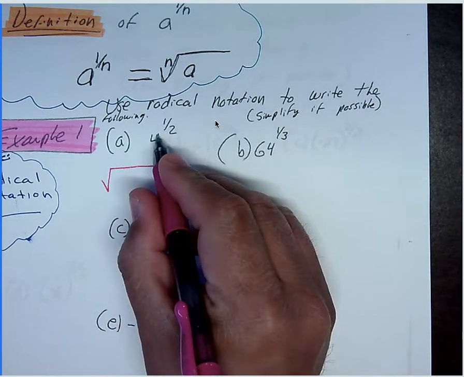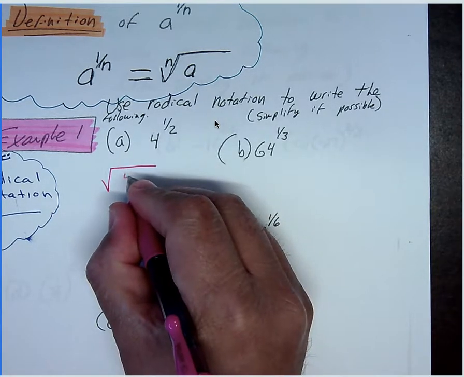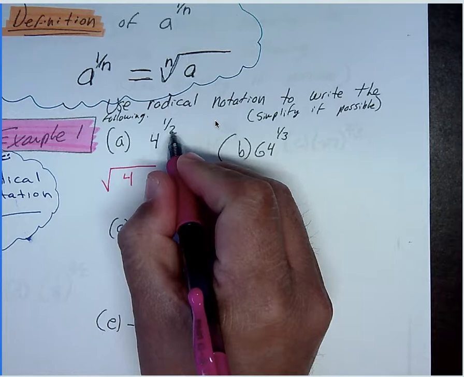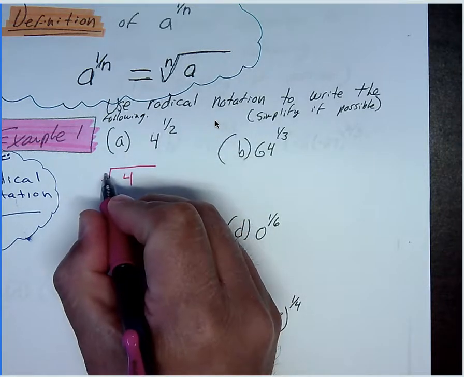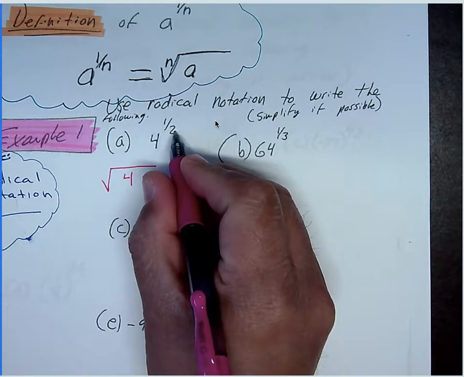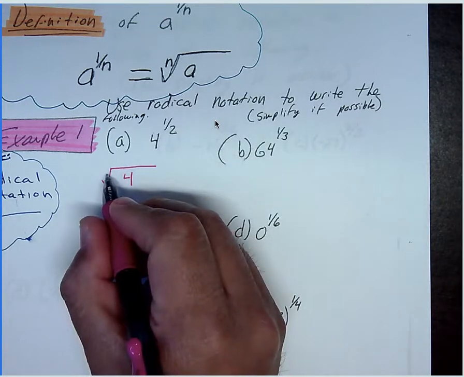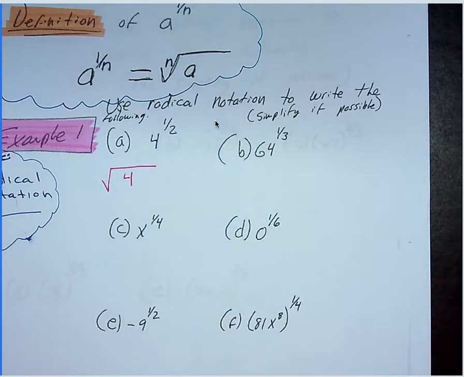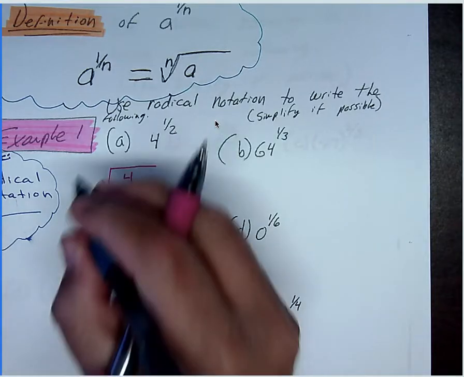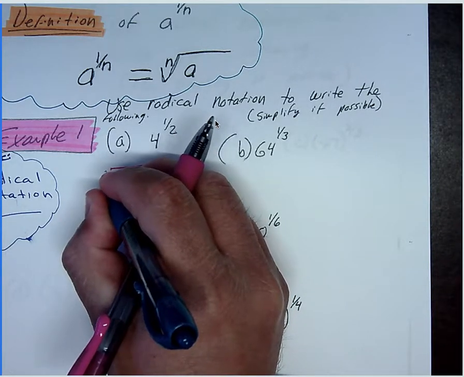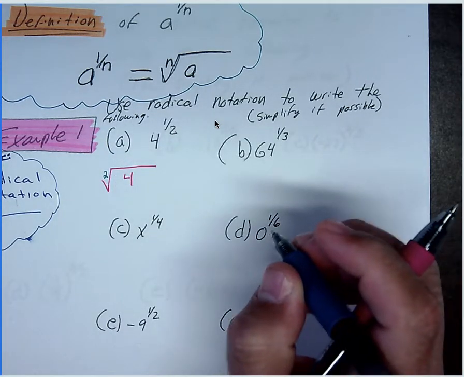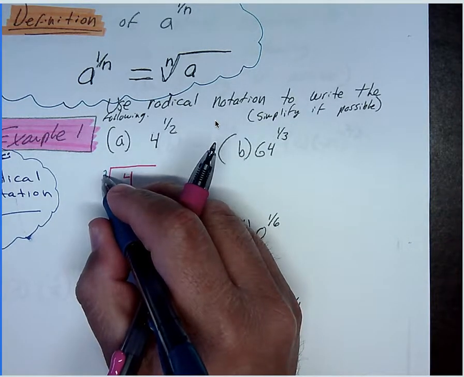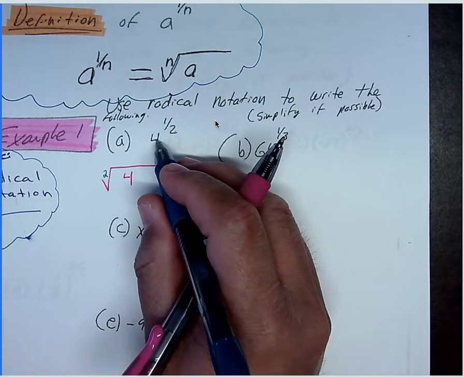Remember the base, which is the 4, would go inside. The 2 goes outside. Usually when it's a 2, that would be a square root, and they don't put it. I'm just gonna put it for you, but usually they don't have the 2. They have a 3 and more. So the 2 becomes that index, and the base would become the radicand.